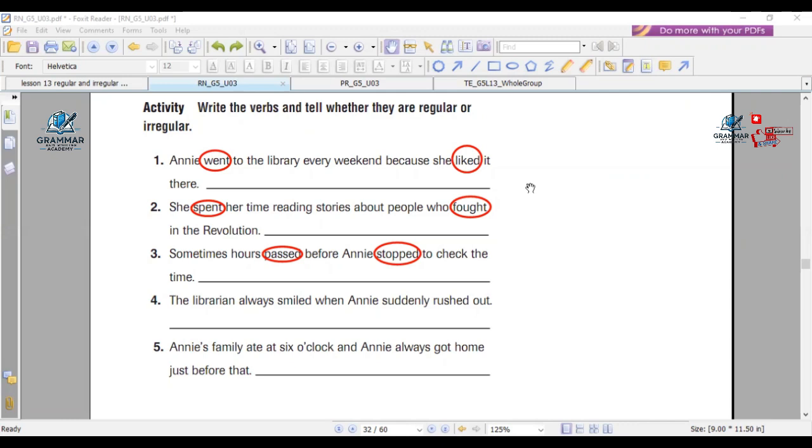We will circle smiled and reached. Both are regular. That's correct. Thanks, Ibrahim.